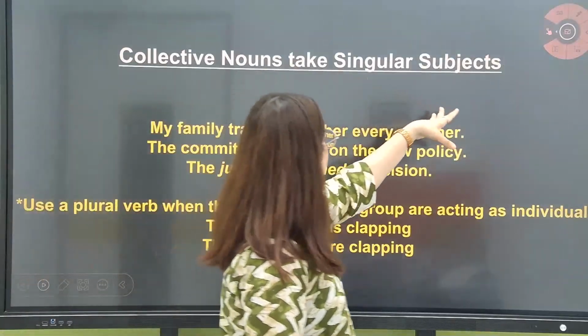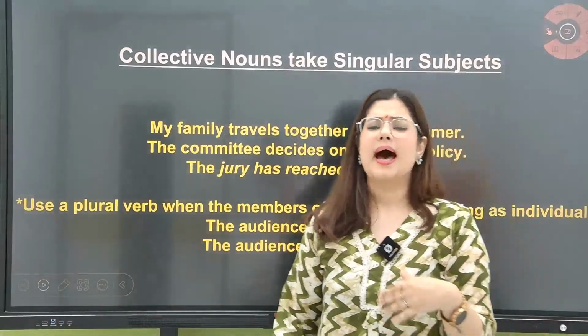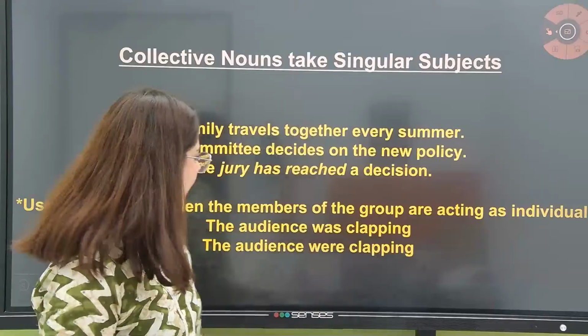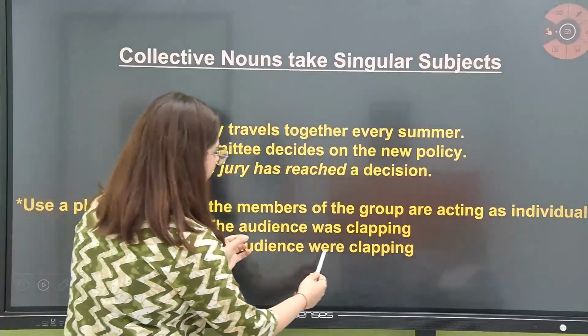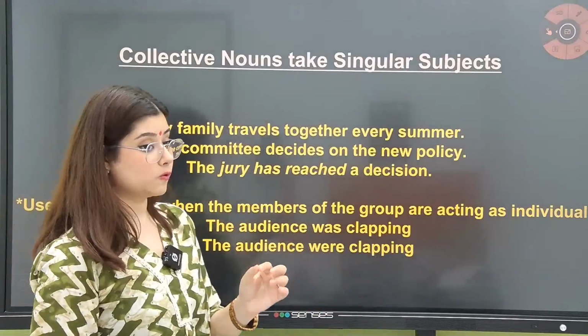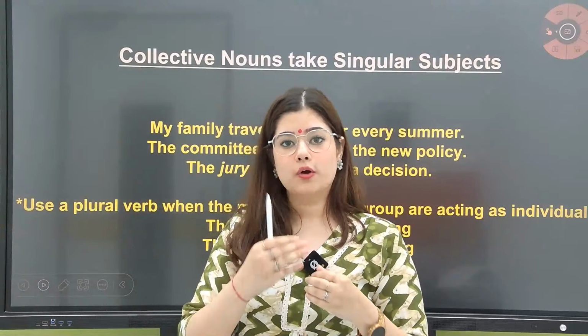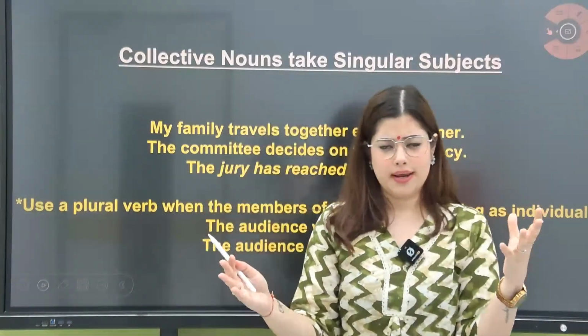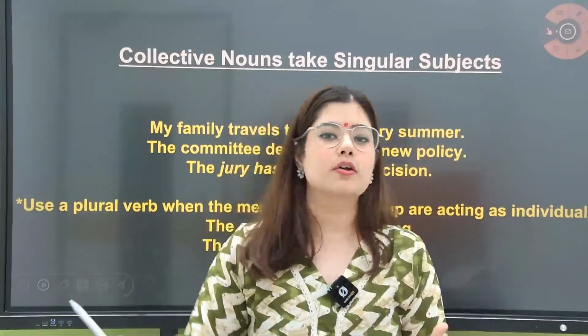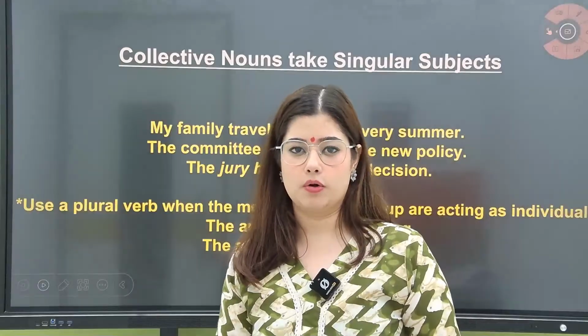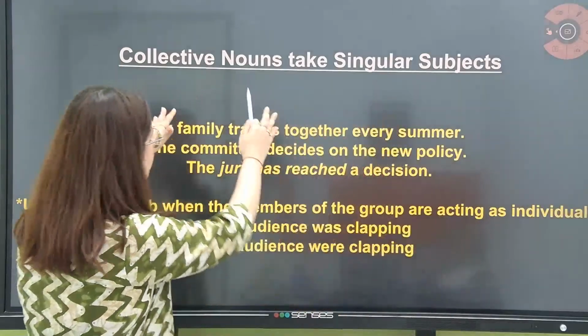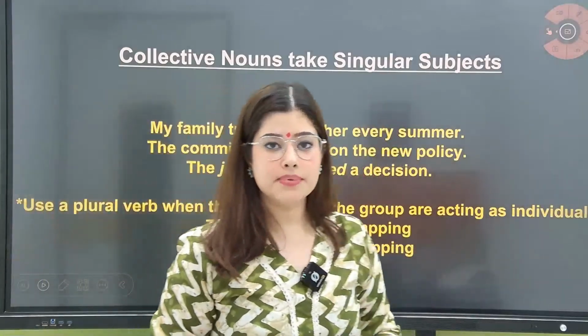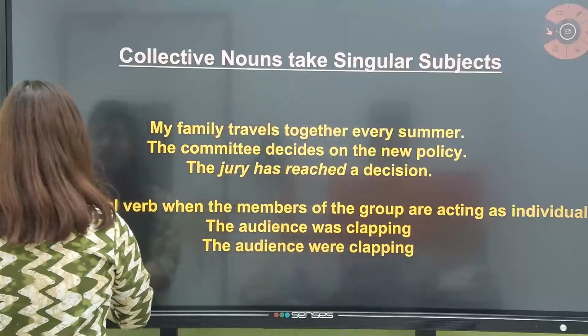Collective nouns take singular subjects. However, again, I am repeating, if a plural verb form is also used, you cannot deem the sentence to be incorrect. Maybe it is used in some other connotation that we need to think about, right? But mostly collective nouns take up singular subjects.